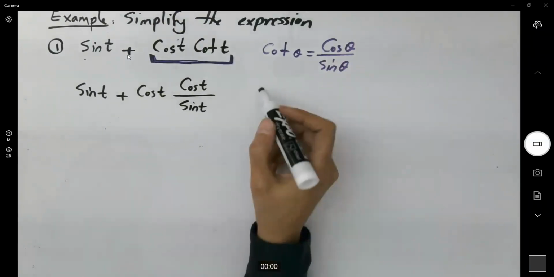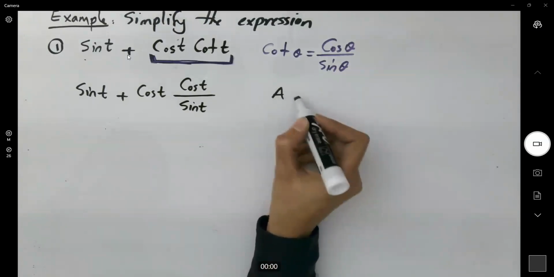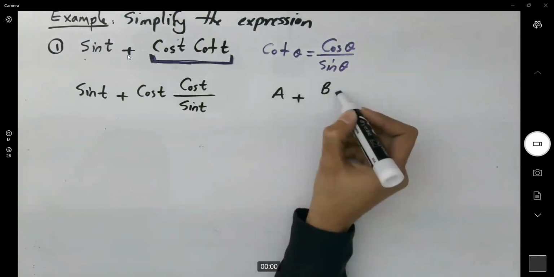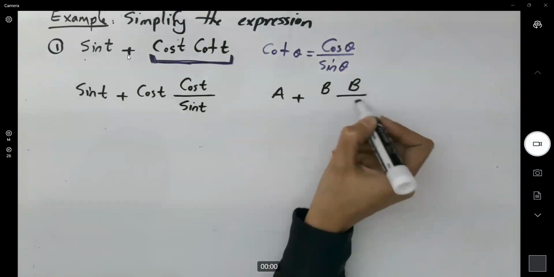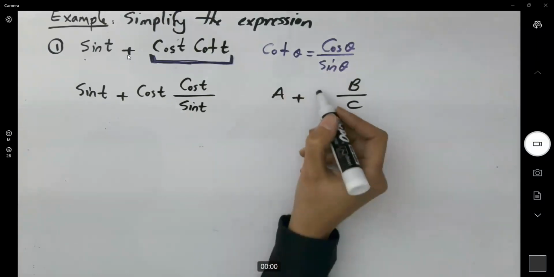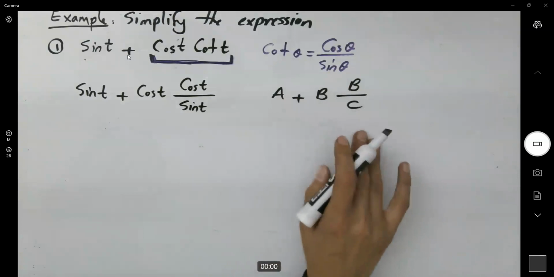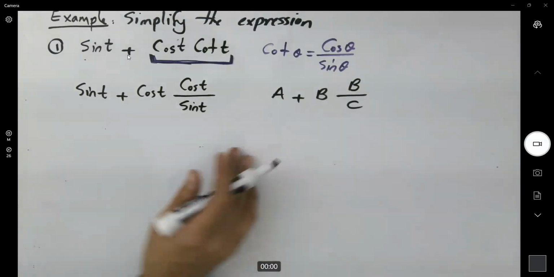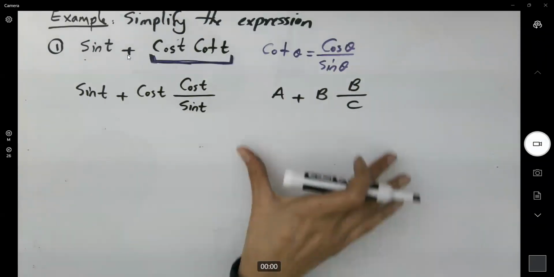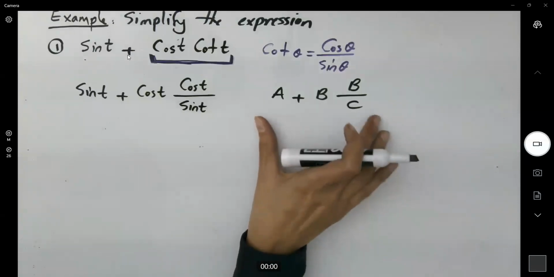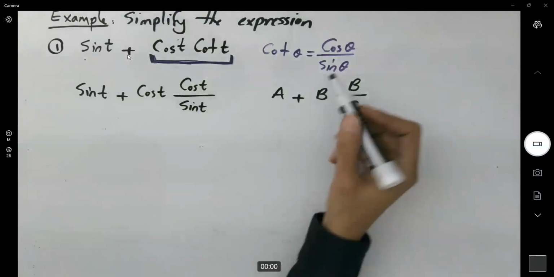So think about it this way. Here you have a plus b times b over c. Try to imagine the very simplified version of what you have. Suppose you have this fraction and you try to simplify it.